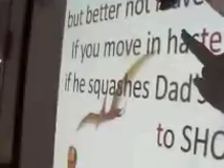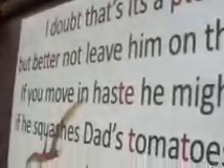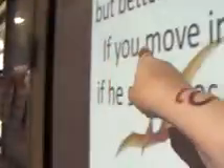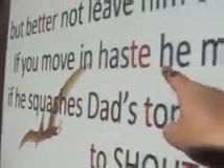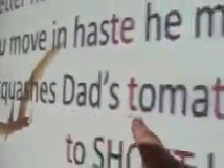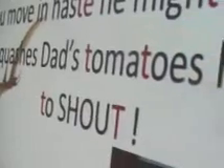Better not leave him on the window sill. If you move in haste, that means fast, he might jump out. If he squashes Dad's tomatoes, he's bound to shout. And look, he is. He's bound to shout.